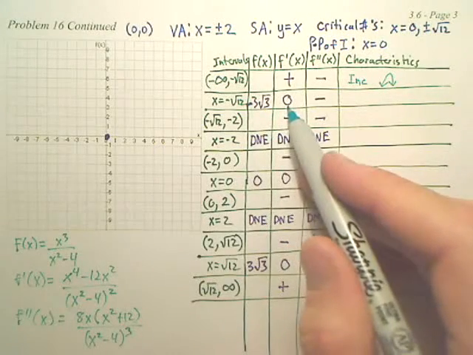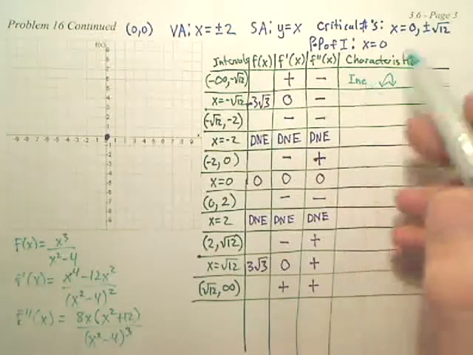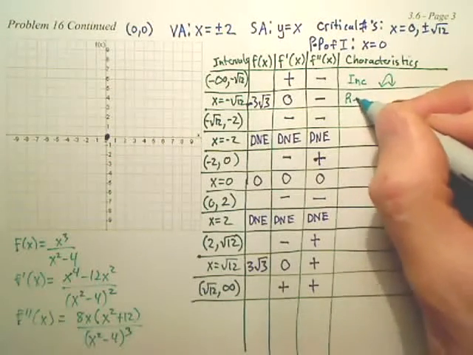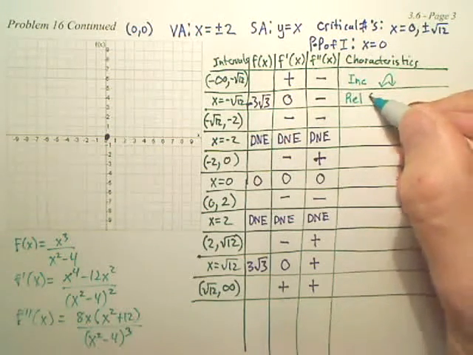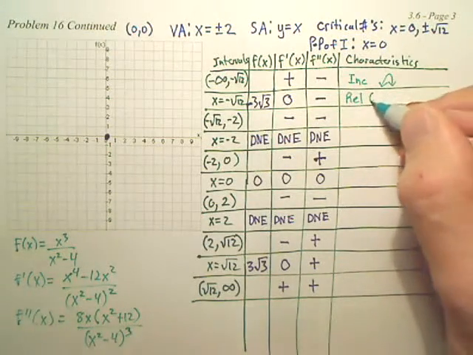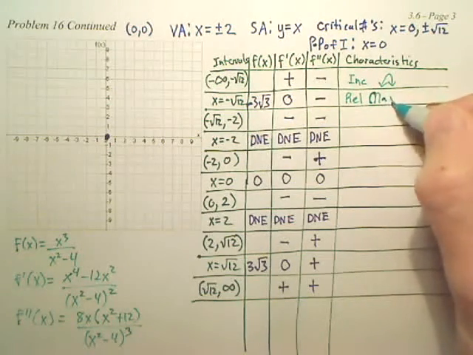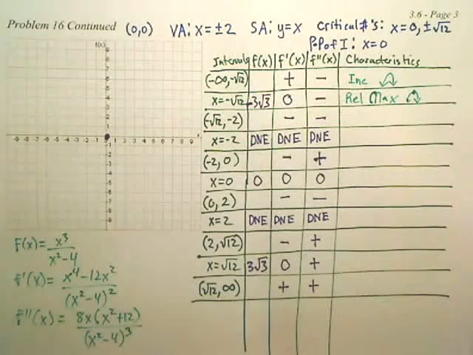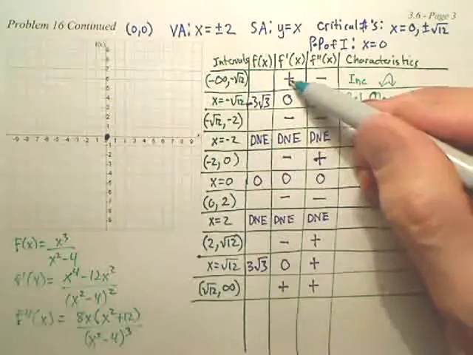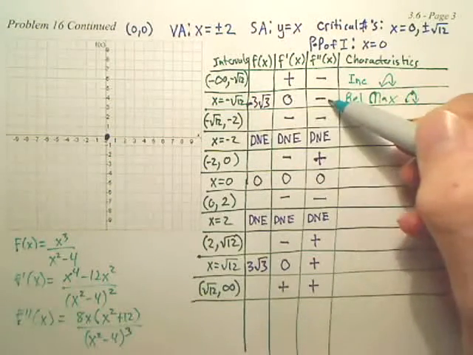If the first derivative is 0 and the second derivative is negative, isn't that going to be a relative what? That's going to be a relative max. Because isn't it look like this? And isn't it the top of a frown? By the way, can you also look here? Positive to negative. This is the first derivative test. This is the second derivative test.